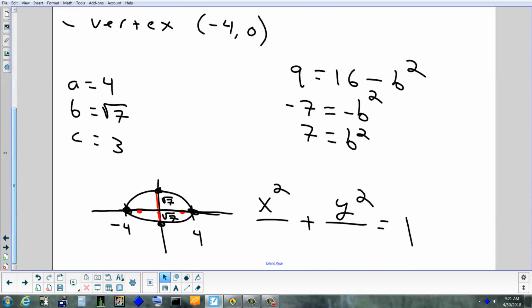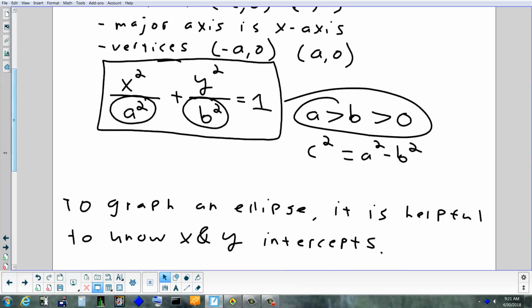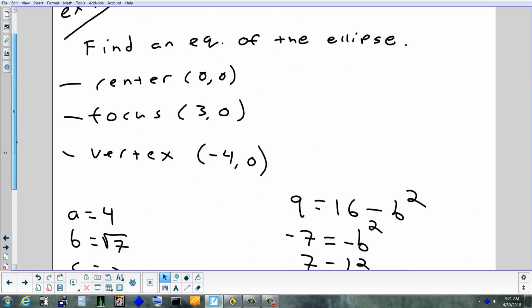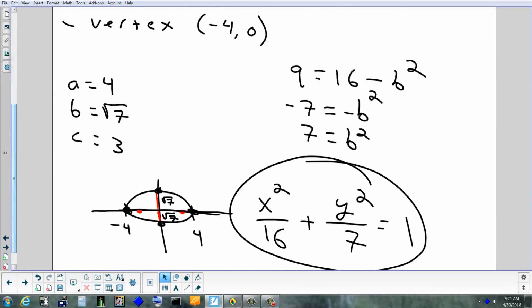They all line up horizontal, which means the major axis in this case is the x. So we're going to put the bigger number under x. And what's the bigger number? It's always a. A is always bigger than b. So take the bigger number, square it, put that under x. Take the smaller number, square it, put that under y. And that's your ellipse.